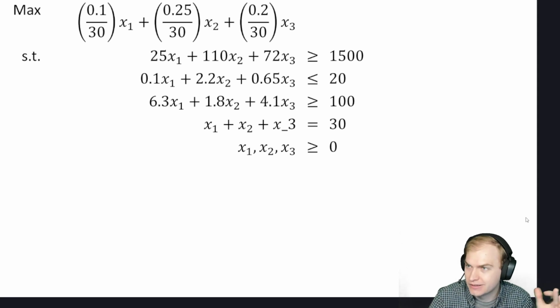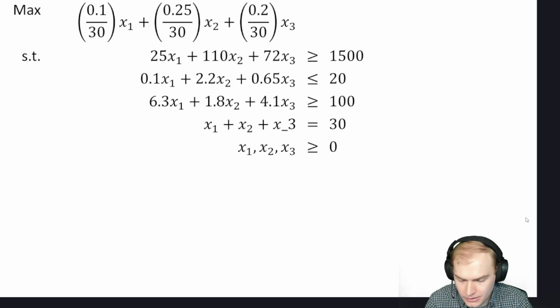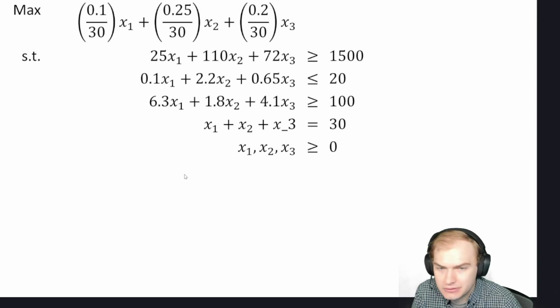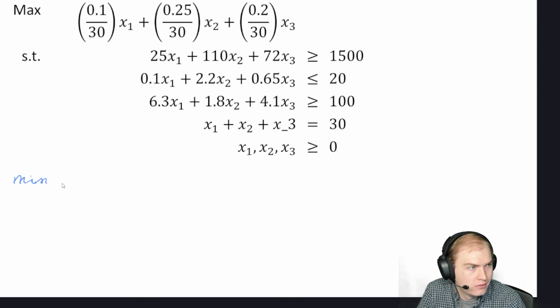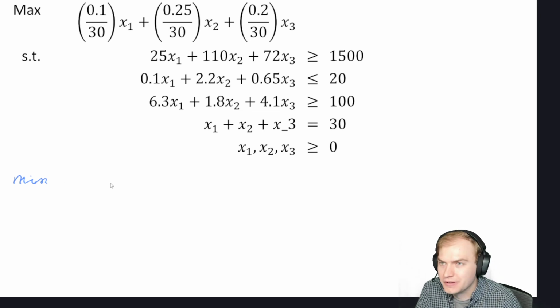So I'm going to really quick go through the dual of this, just so we have one more example of the dual. We're going to minimize. I'm not doing this off the top of my head because I don't have notes on this one. So if I do anything wrong, yell at me in the chat.